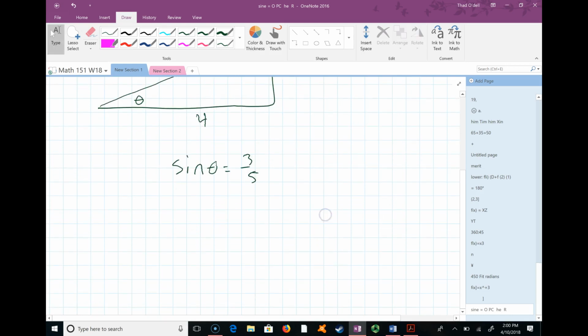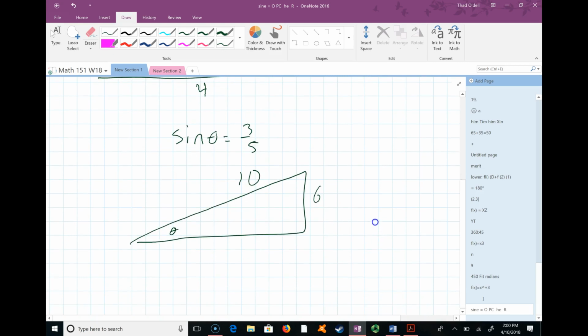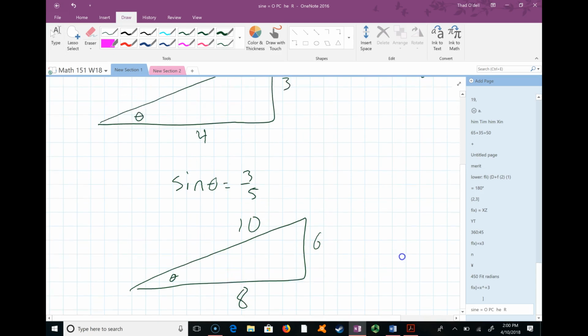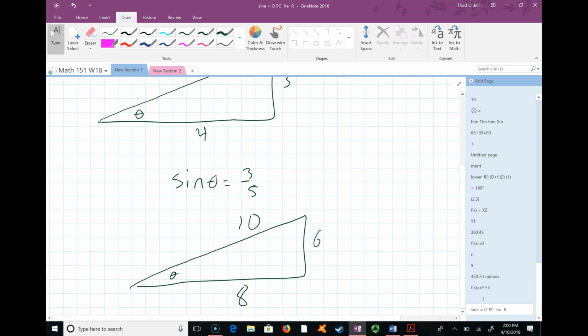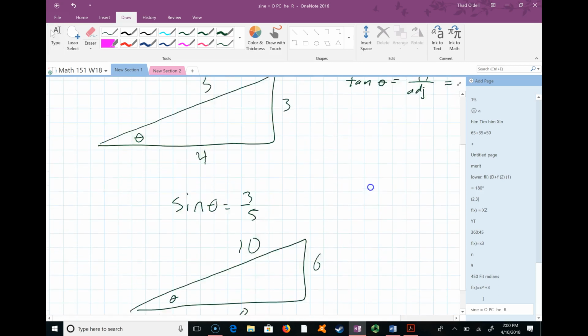But let's say this triangle is 6 and 10, which would make, if we use the Pythagorean theorem, 10 squared would be 100, 100 minus 36 would be 64, square root of 64 is 8. So notice again, there's two different triangles, but the sine of theta in both triangles is 3/5, because 6 divided by 10 is 3/5, and 3 divided by 5 is 3/5.